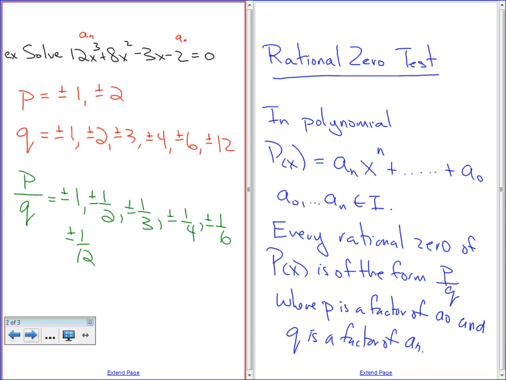Now I'm going to move on to the next one, which is 2. 2 divided by 1 is 2. 2 divided by 2 is 1. That one's already accounted for. 2 divided by 3 is 2/3. 2 divided by 4 is 1/2. That one's already there. 2 divided by 6 is 1/3.